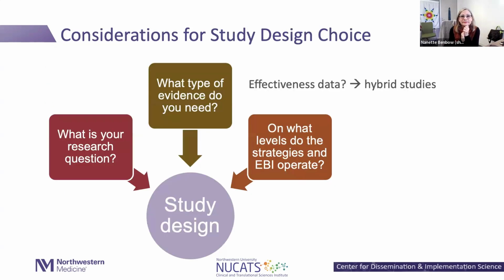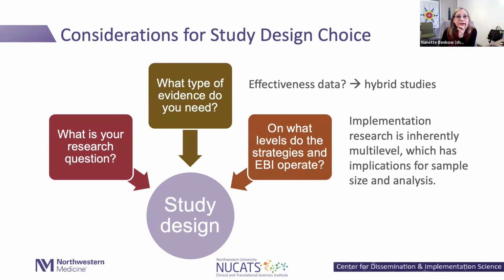Next. So considerations that you need to make for study design choices. There's 3 things that are really going to help inform you. What is your research question? What type of evidence do you want to get? And on what level do the strategies and EBIs operate? Oftentimes you're in a multi-level system, but the strategy could be focusing on different parts of the system. So you'll want to keep in mind what those are.